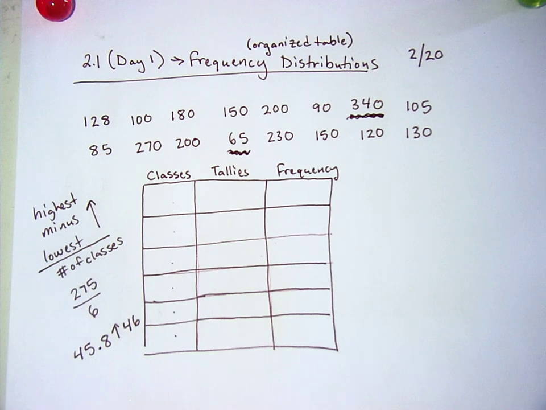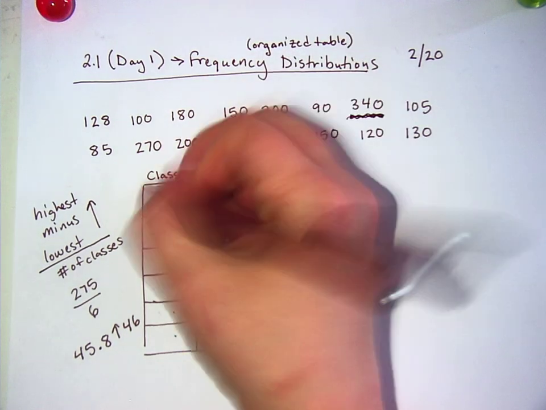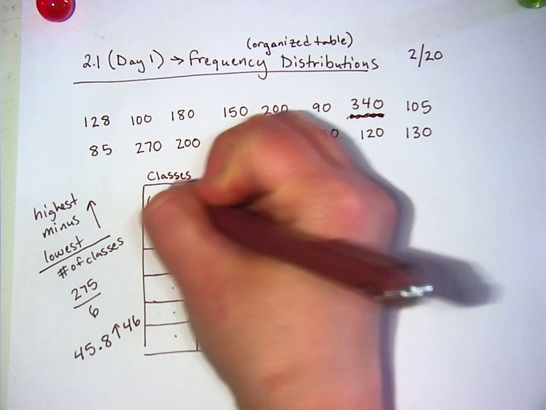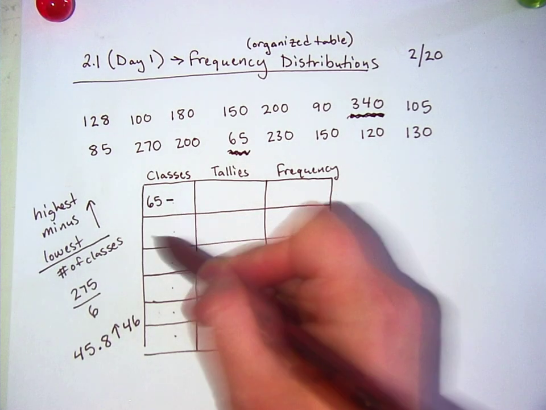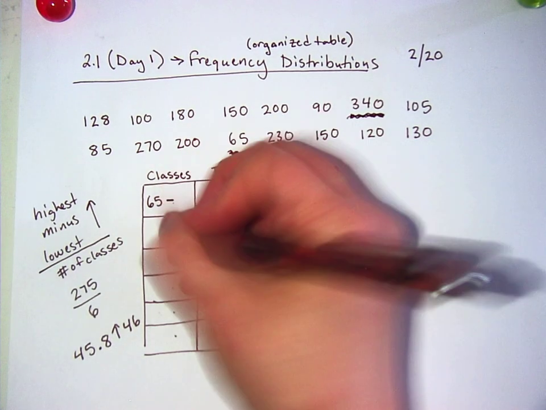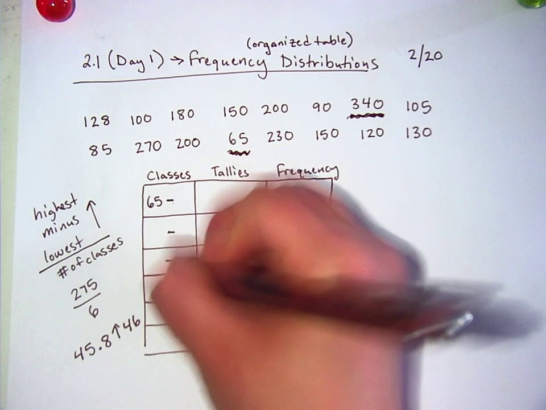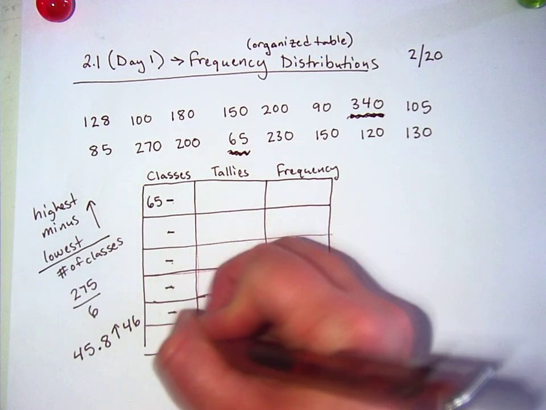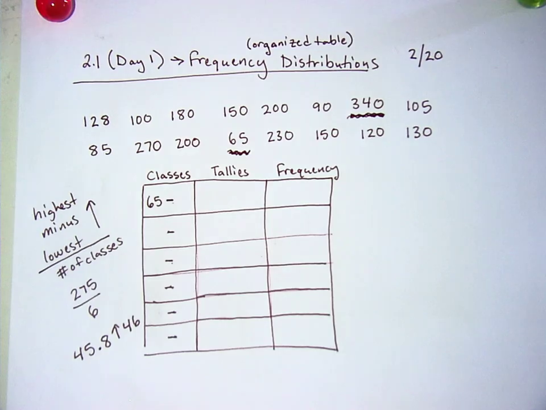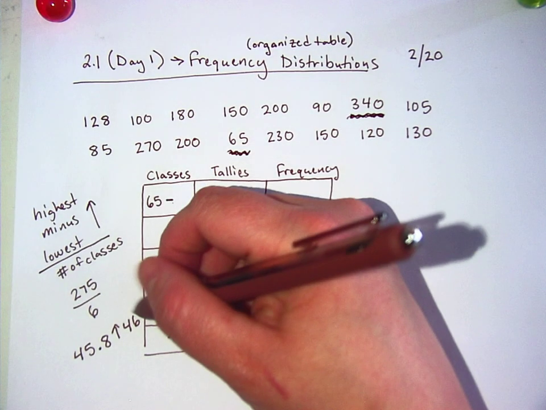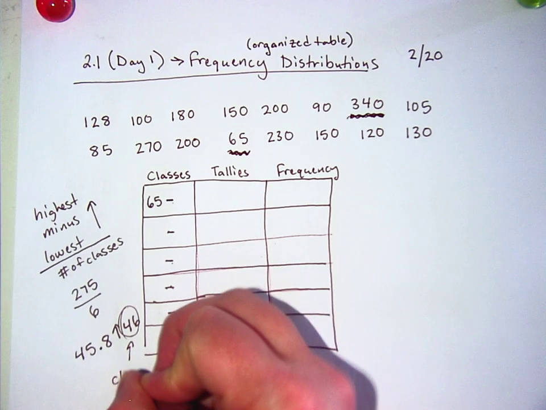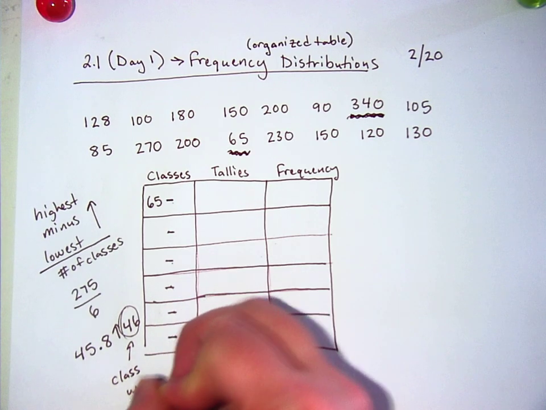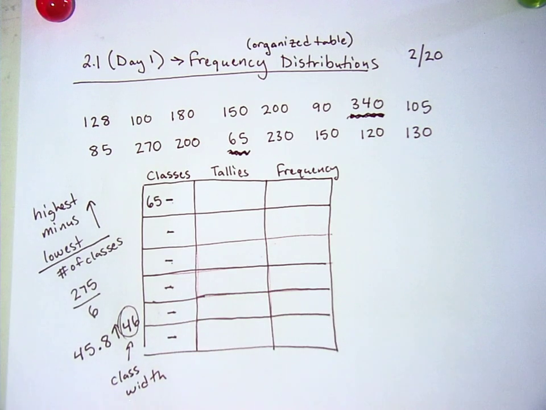So now what we're going to do is start at the lowest number. So you're going to start at 65. This is going to be like 65 to something, something to something, something to something. And the way I figure out what that next something is, I'm going to jump by 46. This is called my class width. That's how much I'm jumping by.